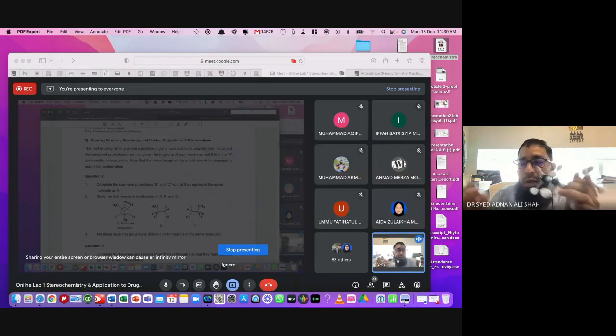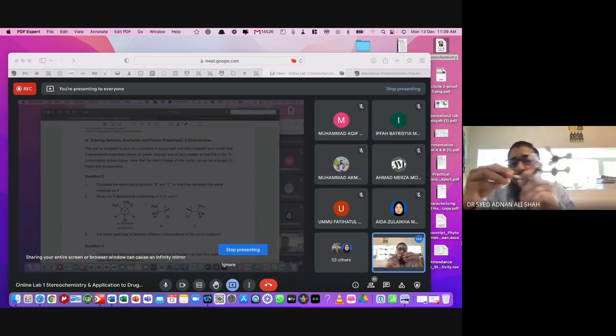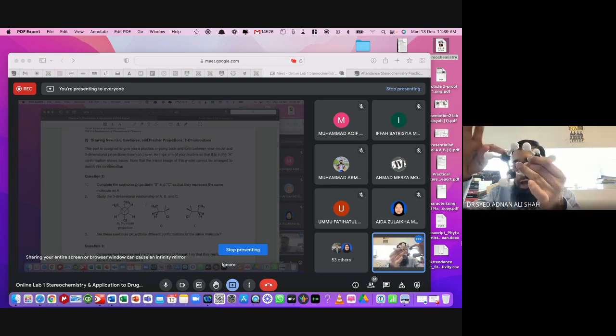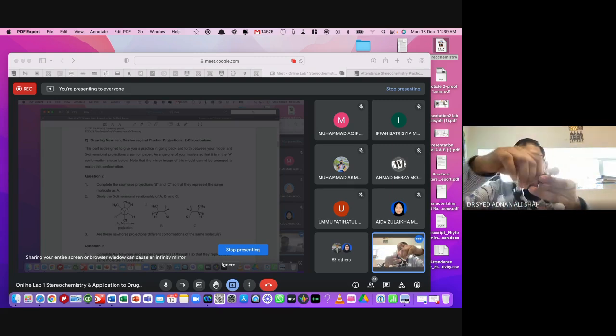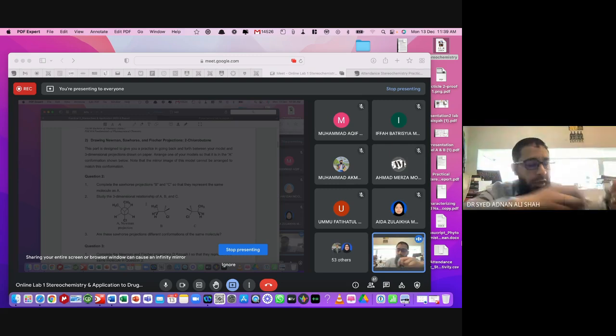So you can see how I just construct the models, right? I'm now constructing the cyclopentane. This carbon number 1, carbon number 2, carbon number 3, carbon number 4. Now I replace this hydrogen with the carbon.